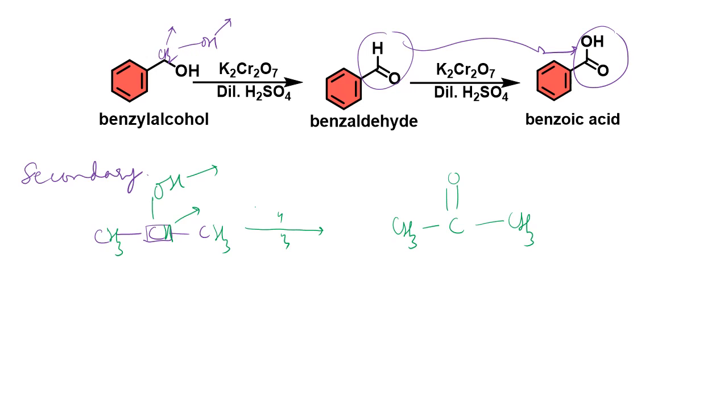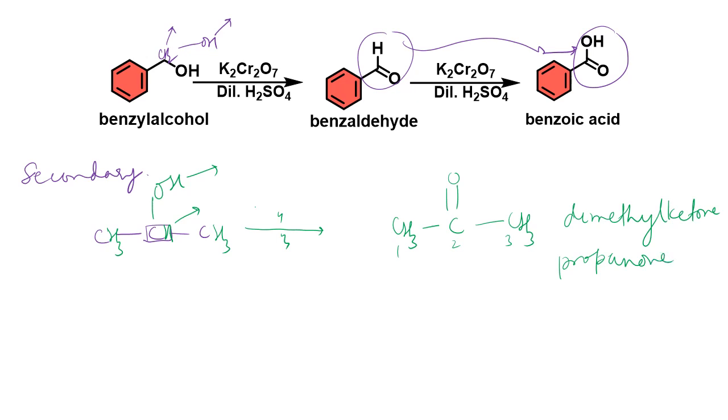It doesn't have hydrogen on carbonyl, right? So it is a ketone, and the name for this compound is dimethyl ketone or acetone. And if you want to give it an IUPAC name, then it will be propanone.